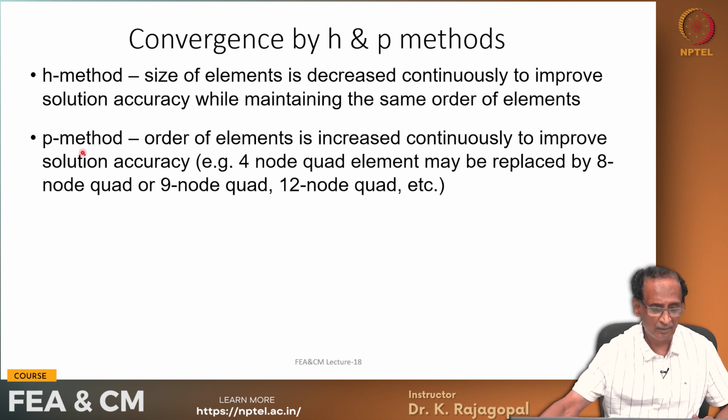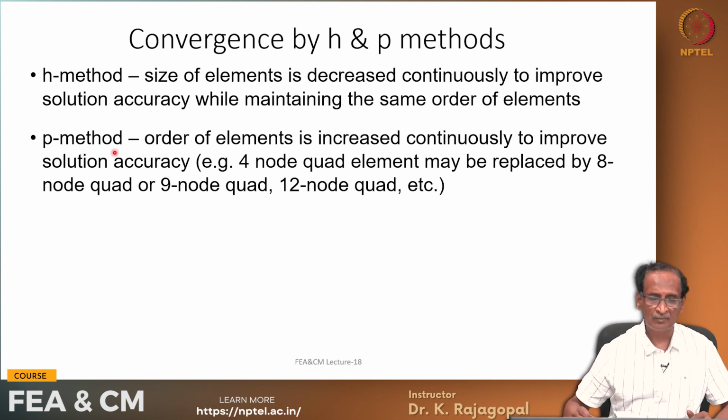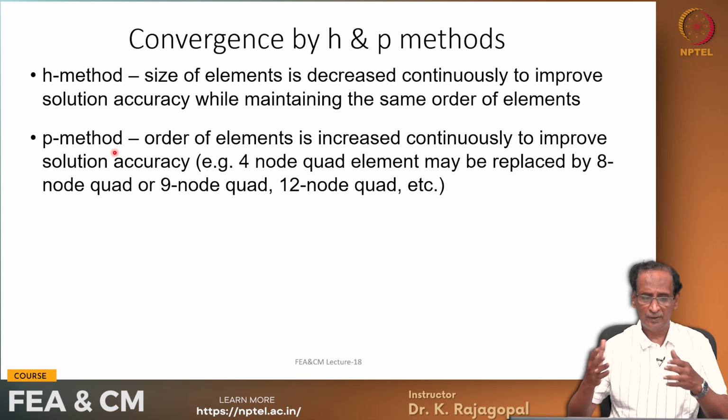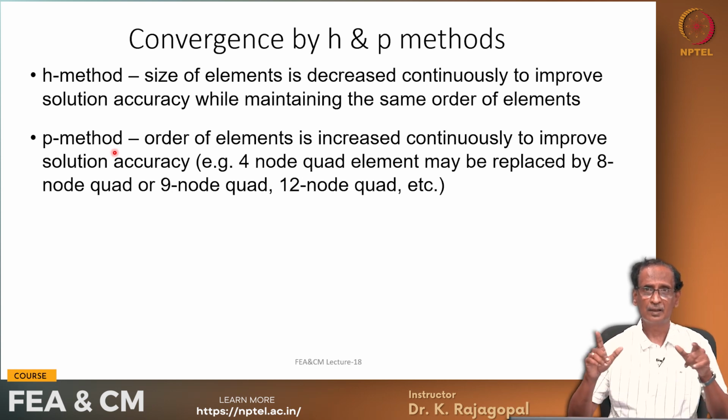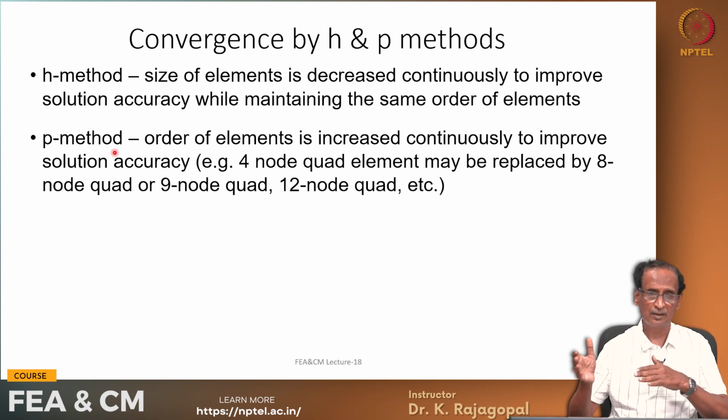And there is another method called the P method, where we try to get more accurate results by increasing the order of elements. So, you might start with a 3-node triangle, increase it to a 6-node triangle, or a 10-node, 15-node, 21-node and so on, or with respect to quadrilaterals, we may have 4-node quadrilaterals, 8-node, 9-node, 12-node, 16-node and so on.